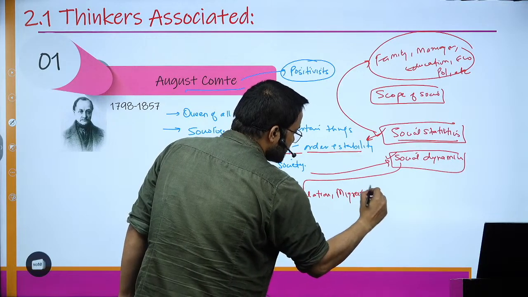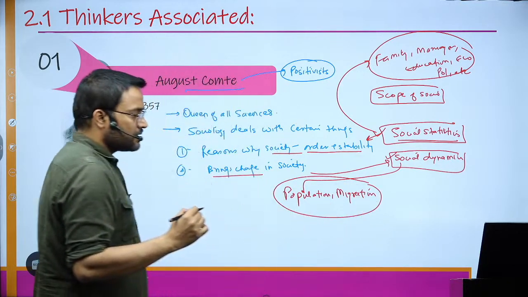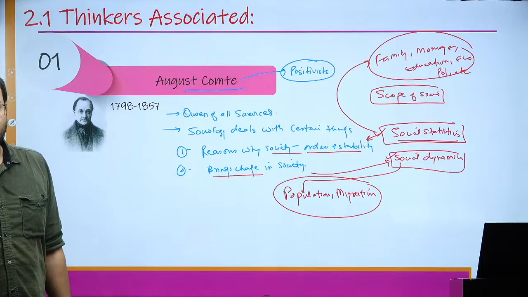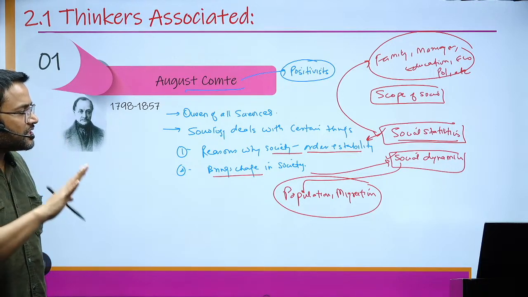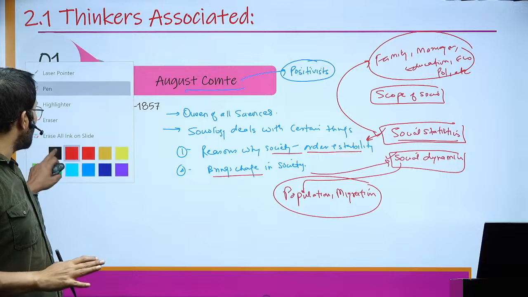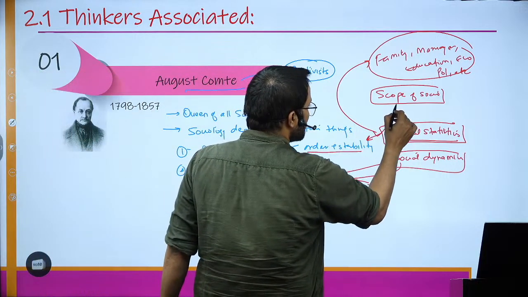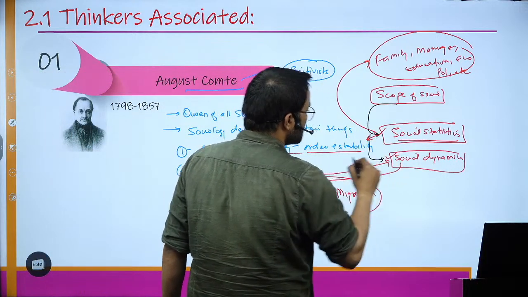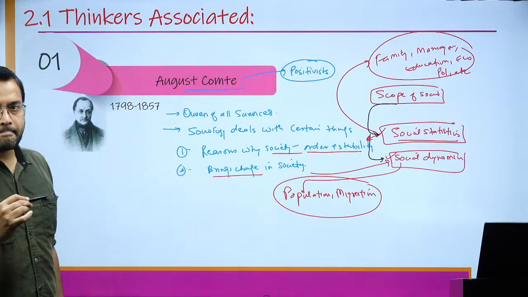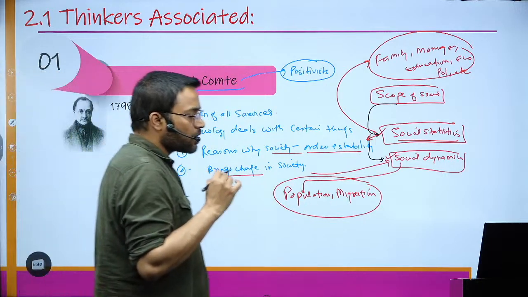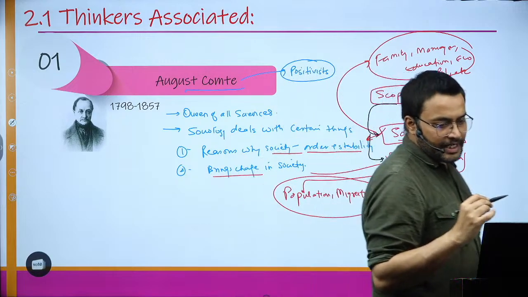And because of change in these two aspects, changes are brought in society. So everything concerning society comes under the domain of sociology, and thus the scope of sociology as per Auguste Comte is social statics and social dynamics. Okay, any doubt in Auguste Comte?